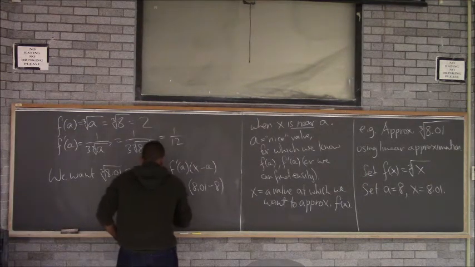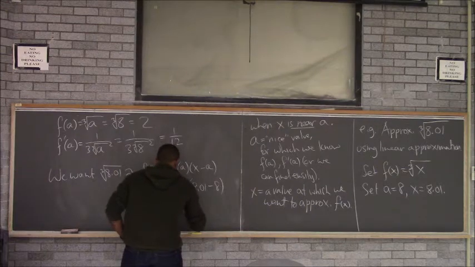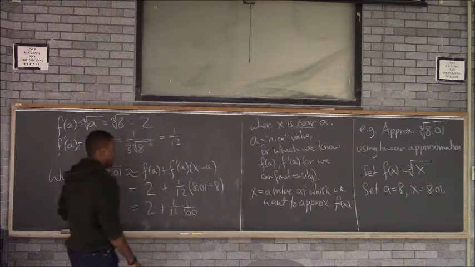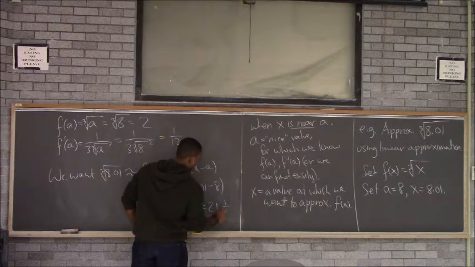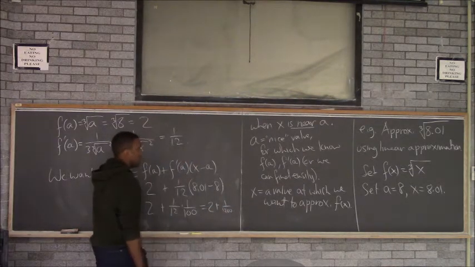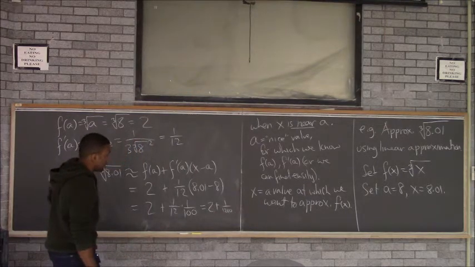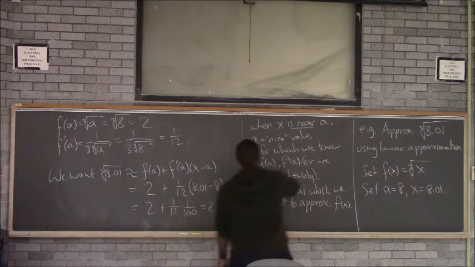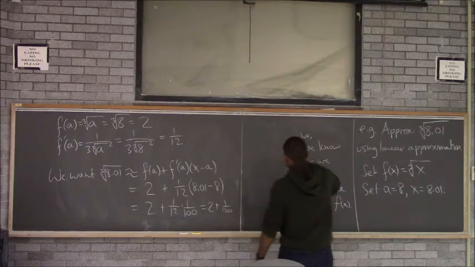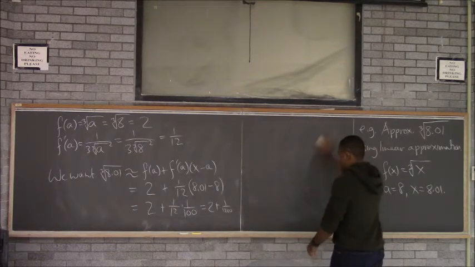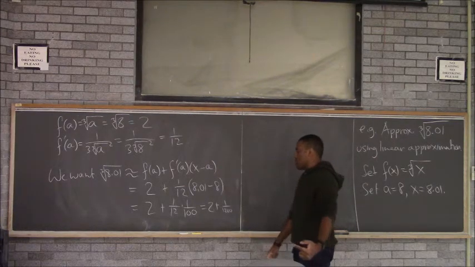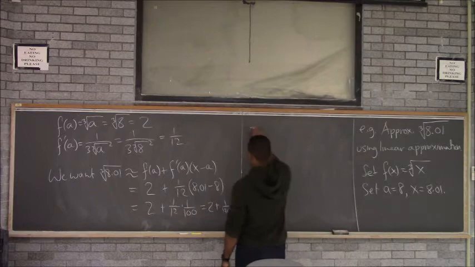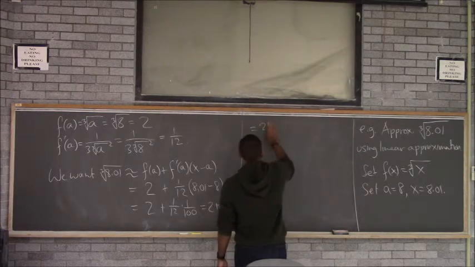So this is 2 plus 1 over 12 times 1 over 100, that's 2 plus 1 over 1200. Now I can write that as a single fraction. 2 is 2400 over 1200, and then I'm going to add 1, so this is 2401 over 1200.